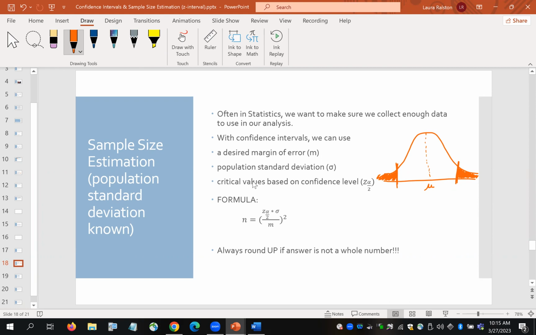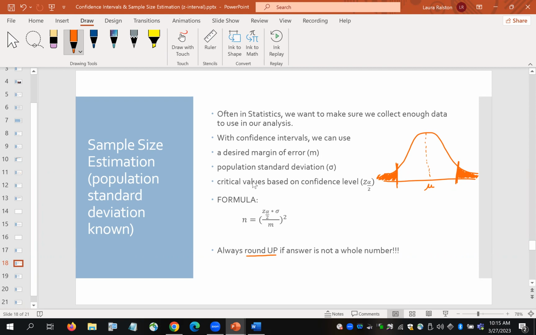The formula is that critical value times your population standard deviation divided by the margin of error, and then that whole answer is squared. The other thing that is different is we will always round up. This is one case where we do not follow the standard rounding rules.